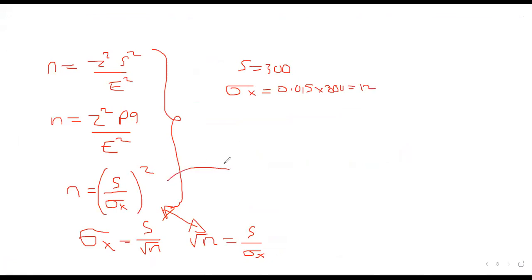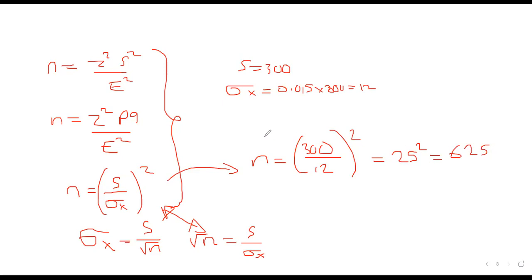So what sample size is required? Our n is simply 300, which is standard deviation, over 12. Then you square it. So 300 over 12 is 25. Then square 25, we're going to have 625.